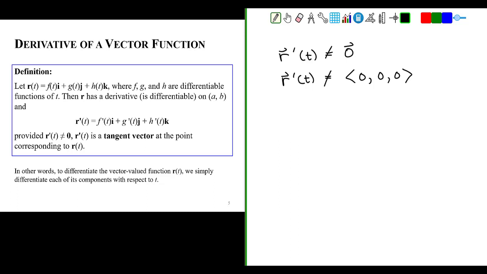For example, this is based off of the limit as delta t goes to 0 of delta r over delta t.